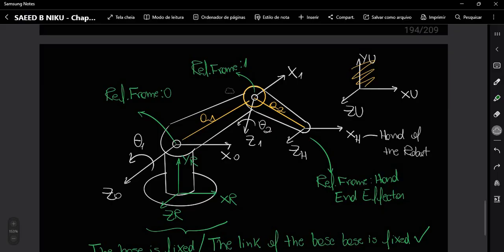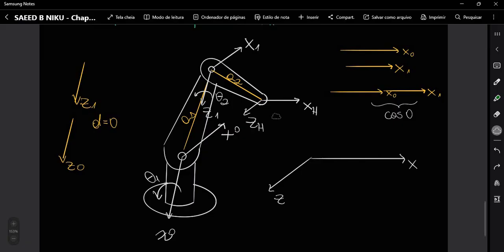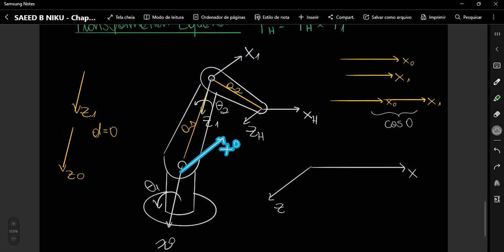So if we translate a distance of a1, so this way. So now we are bringing the origins together and making them collinear.